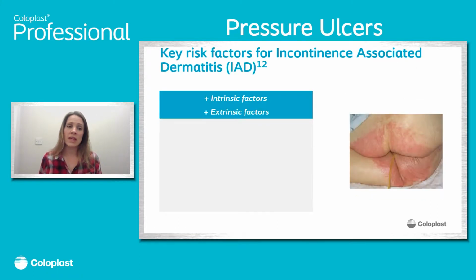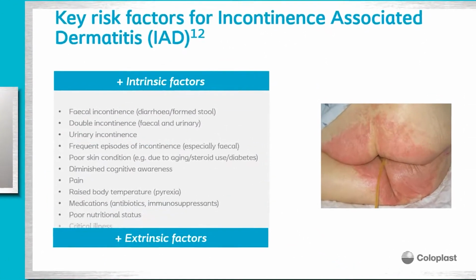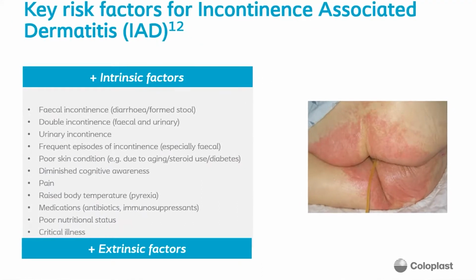So some of the key risk factors for incontinence-associated dermatitis, the intrinsic factors, is actually somebody to have incontinence-associated dermatitis needs to be incontinent of some sort, whether that's doubly incontinent or just urinary or fecal incontinence. But they will suffer with frequent episodes of incontinence to cause this sort of level of damage that you can see in the image here.